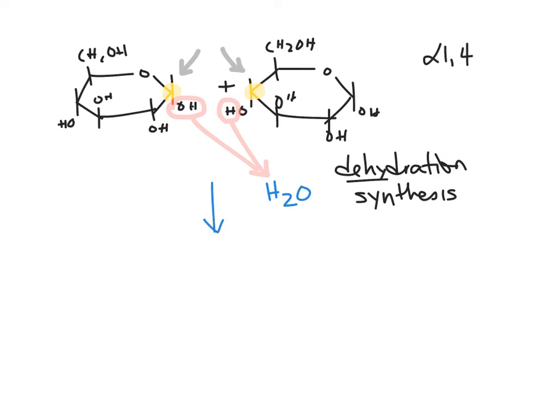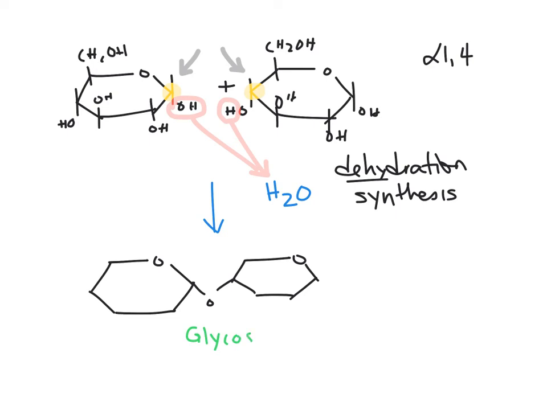And what we end up getting here is a disaccharide with a glycosidic bond between carbon 1 and carbon 4. And I haven't filled in all the other OHs. Let me do that.